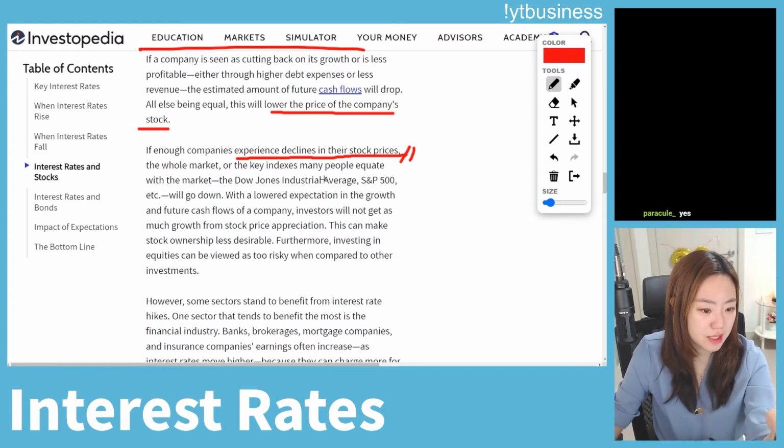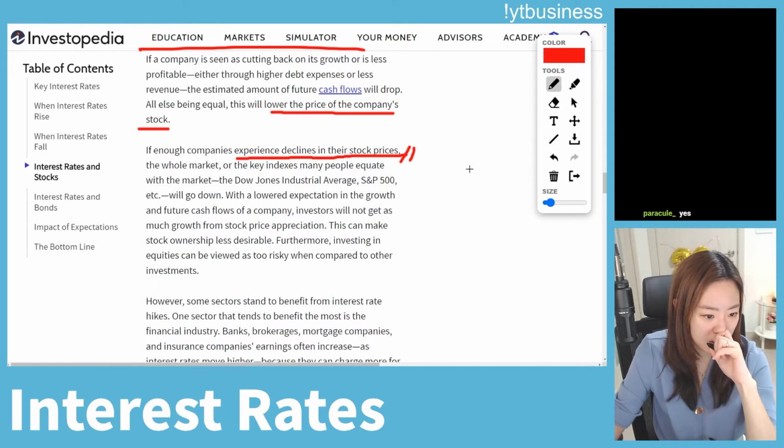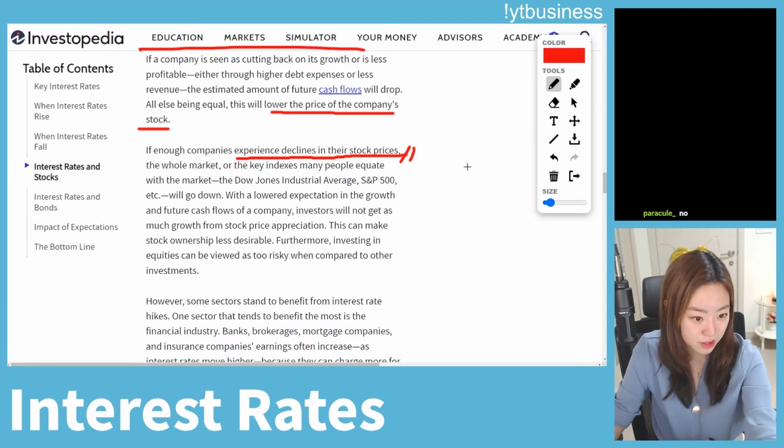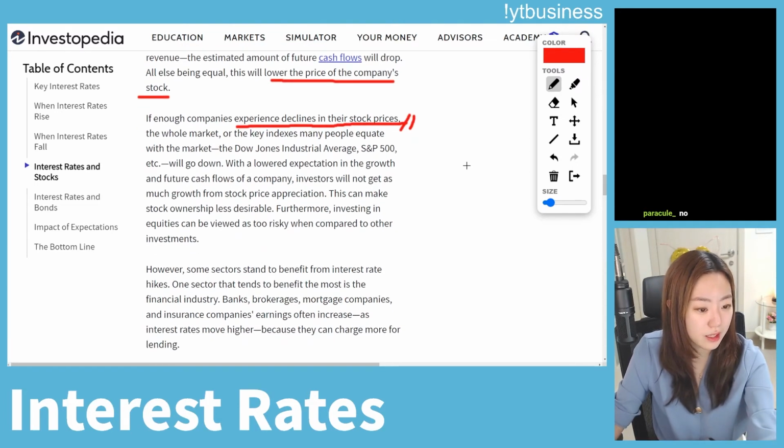So if companies experience declines in their stock prices, the whole market or the key indexes many people equate with the market, the Dow Jones Industrial Average, S&P 500, etc., will go down. Makes sense. With a lowered expectation in the growth and future cash flows of a company, investors will not get as much growth from the stock price appreciation.